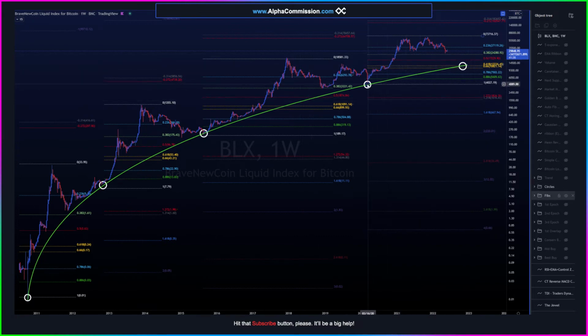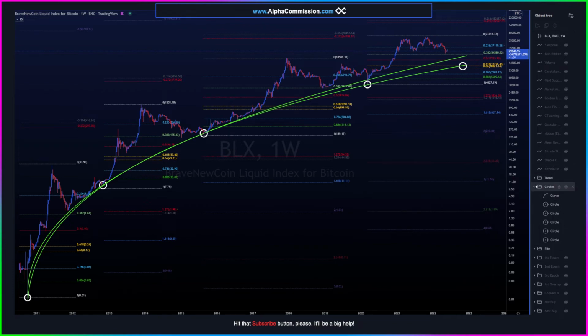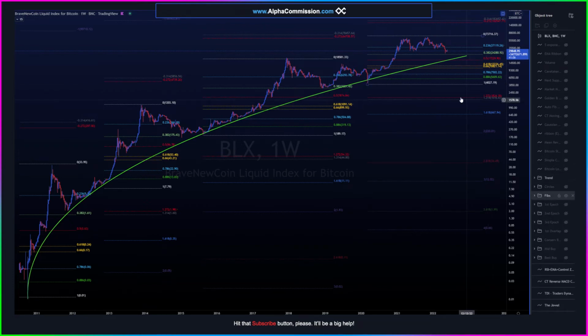That would legitimize, pardon me, that would suggest that this perhaps original trend is more likely to be consistent with the fib model that I'm developing here, as opposed to the circle touch.